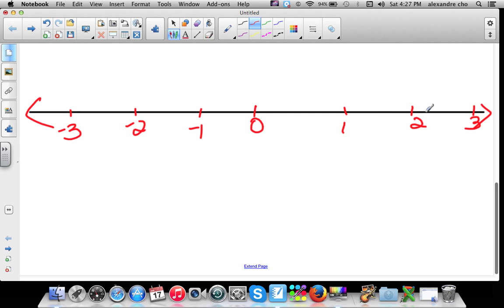2.25 is our first number, so that's something about here. Second number, -7/8. Take your time, divide that up. I'm going to do the division here on the side. 7/8 is 0.875, so that's very close to 1.